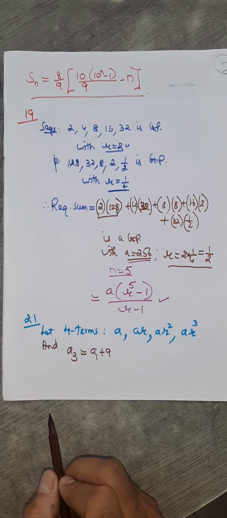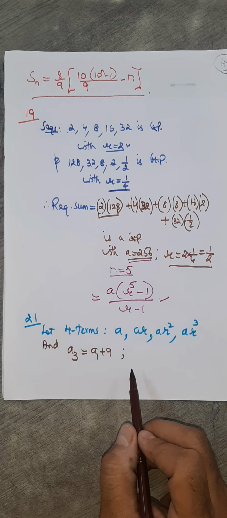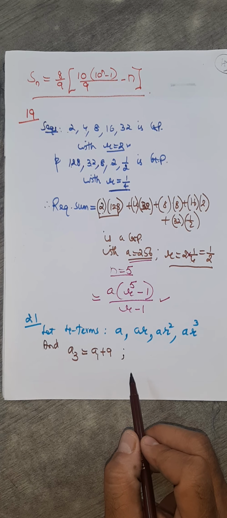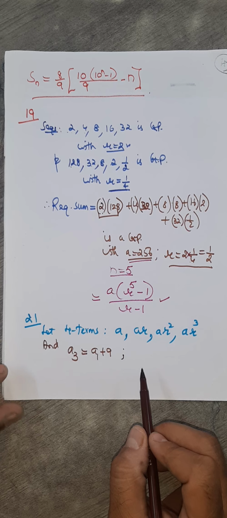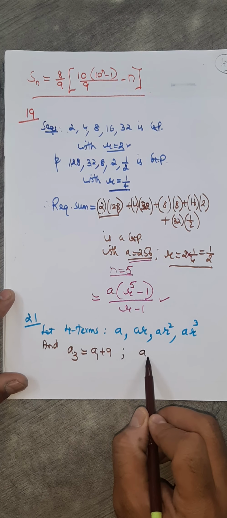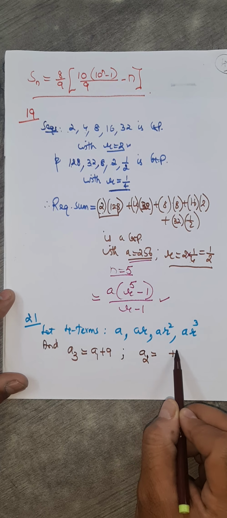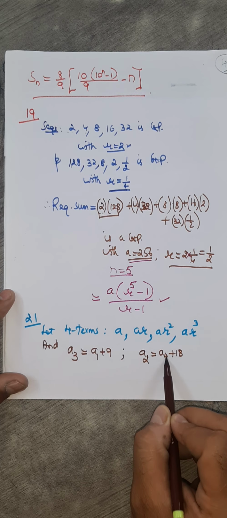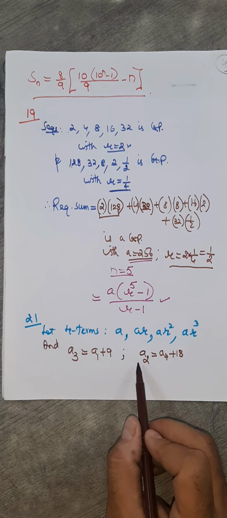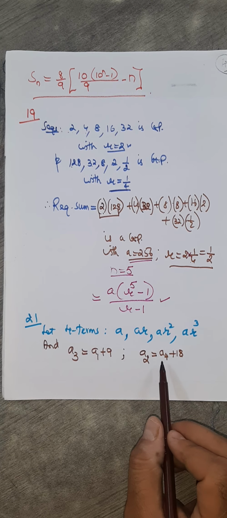And what is the other condition? The second term is greater than the fourth term by 18. So second term A2 is greater than the fourth term by 18. So if I add 18 to the fourth term, I'll get the second term.